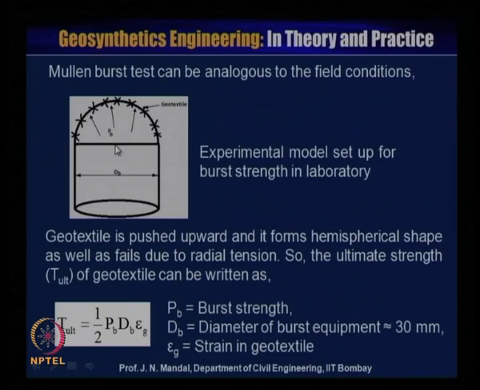So, the ultimate strength of the geotextile can be written as T ultimate is equal to half into Pb into dV into epsilon g, where Pb is the burst strength and dV is the diameter of the burst equipment in the laboratory, a known value of 30 millimeter diameter, and epsilon g is the strain in the geotextile.